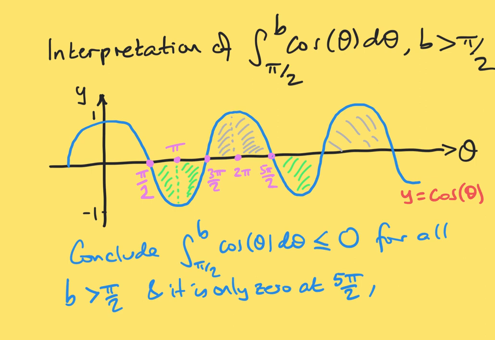And then to go from here to here, we've added another 2 pi. 5 pi over 2 plus 2 pi is 9 pi over 2. So 9 pi over 2, and then the next one would be 13 pi over 2, etc.